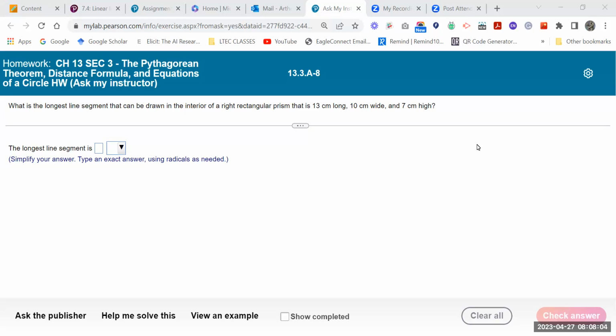Right rectangular prism, just like this. It's 13 centimeters long, 7 centimeters high, and 10 centimeters wide.